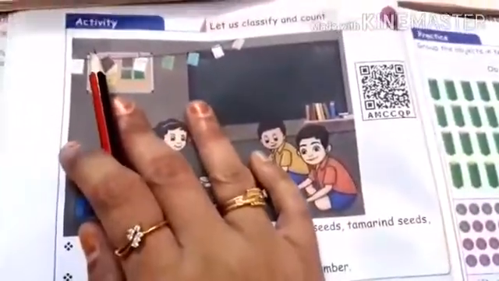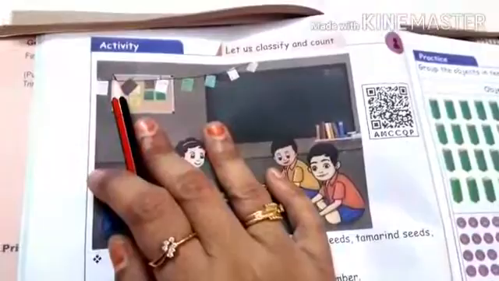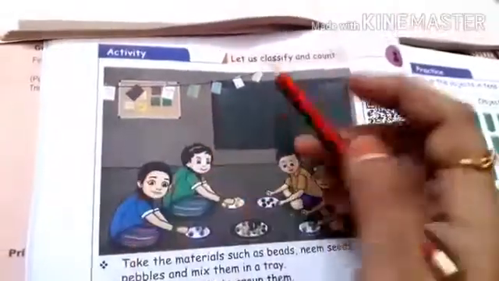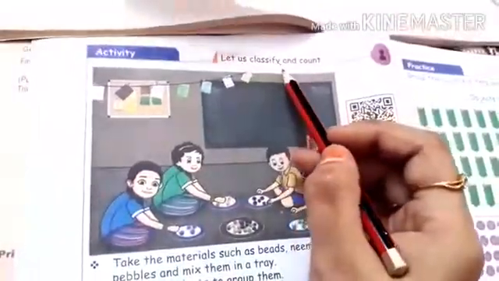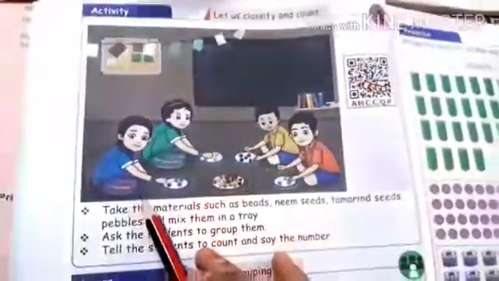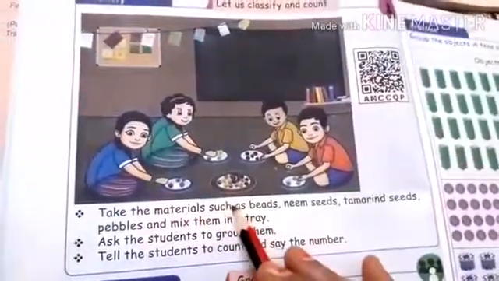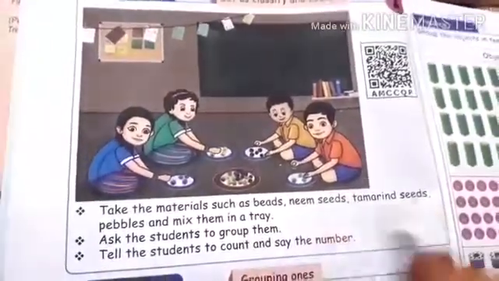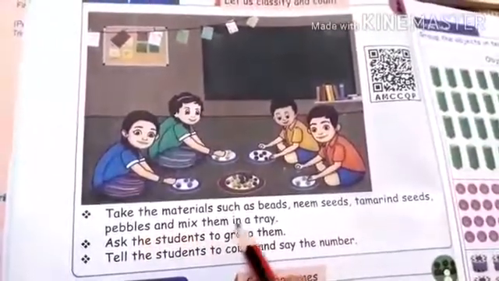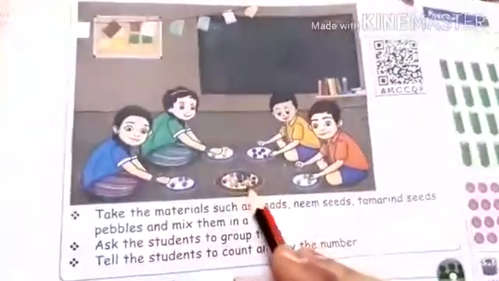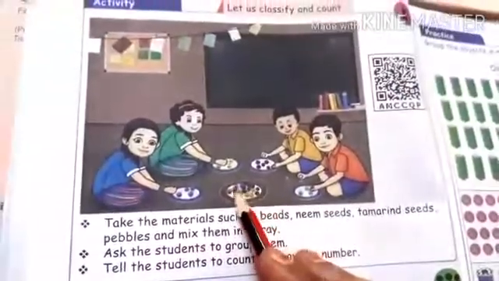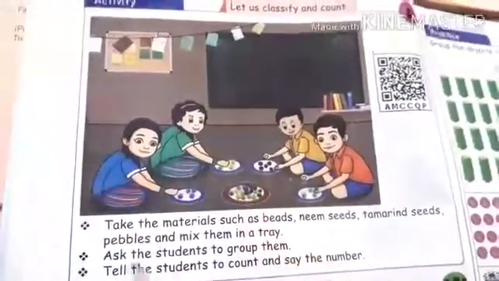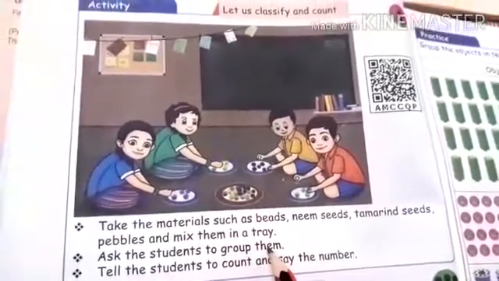See here, this is activity. This activity you have to do by yourself in your home. Okay. So see here, let us classify and count. Take the materials such as beads, neem seeds, tamarind seeds, pebbles and mix them in a tray. You have to mix all these in a tray. Okay. Ask the student to group them.